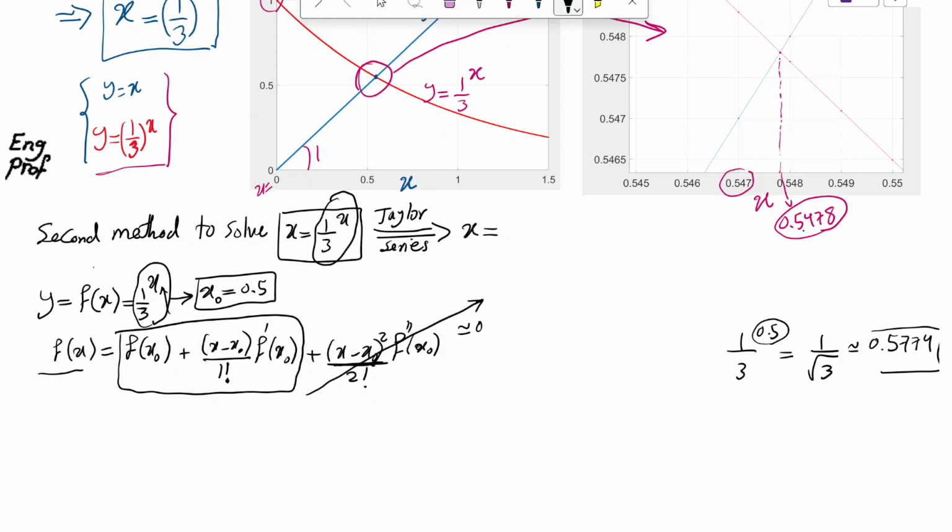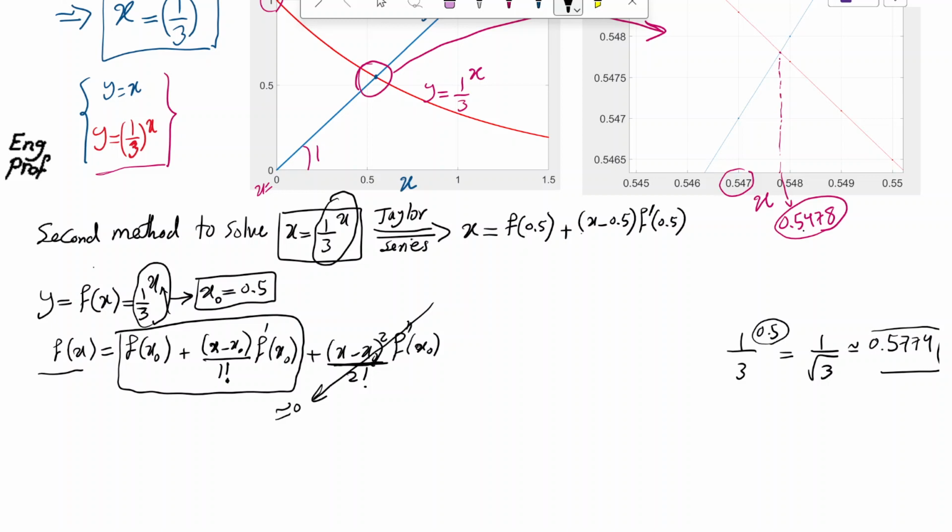For the right side, I use f of x0, where x0 is 0.5, and then x minus 0.5. So here I am keeping x, but I'm setting x0 to 0.5. Then divide by 1 factorial, which is 1, so no division, and then f prime at x0 equal to 0.5. So the only thing I need to do is compute f prime, and that's it.